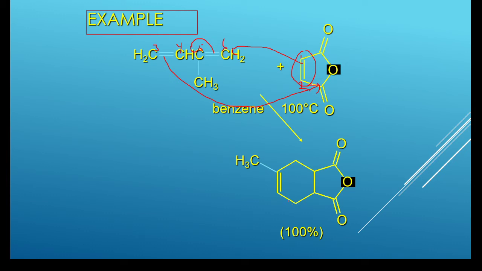So this would be 3, this would be 1, this would be 2. This has to be 5 there, so this will be 4 with the double bond. 5 has the methyl group and the double bond, and 6 is sitting right there.